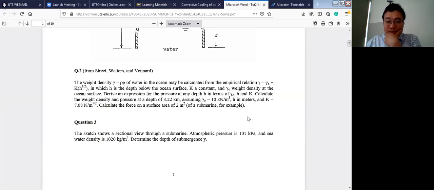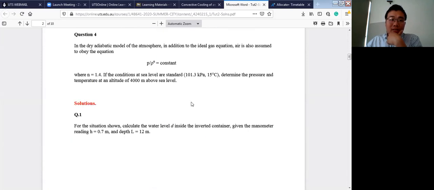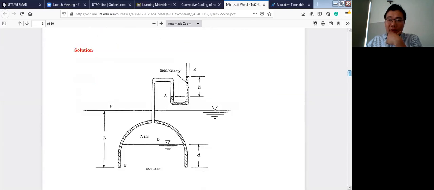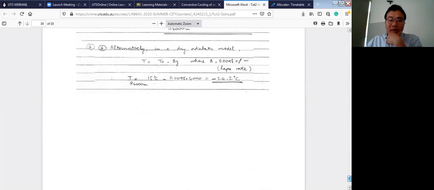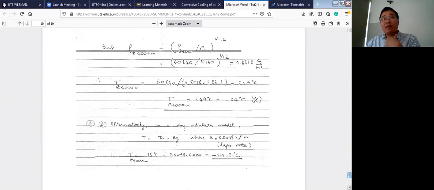Any question? No. So please try to do question 4 by yourself. The solution you can find at the end of this document. If you have any question about this question, you can email me.